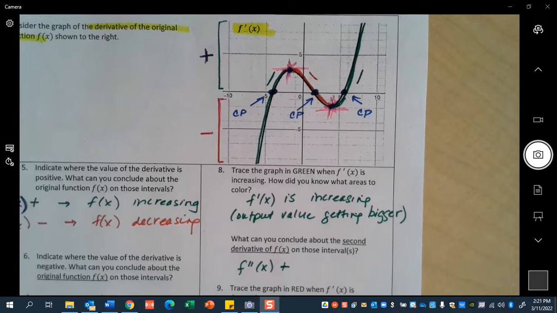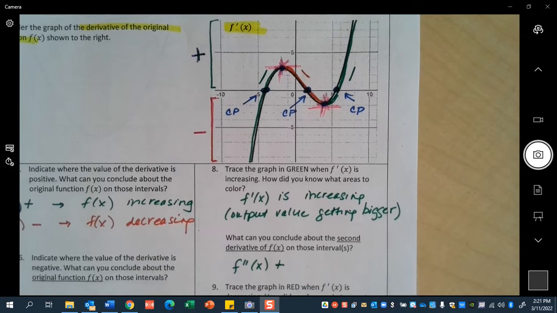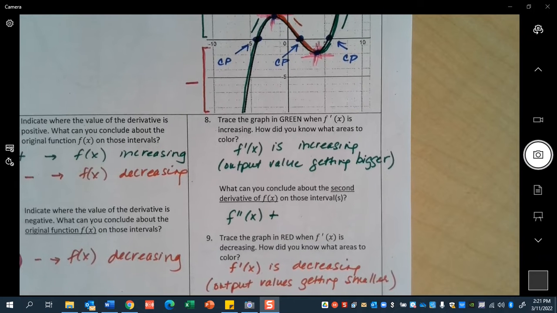So when f prime, when my derivative is increasing, I'm going to be concave up like a cup. When f prime is decreasing, I'm down like a frown. And that happens because my changing value is determined by the sign of its derivative. So the derivative of the derivative is the second derivative.